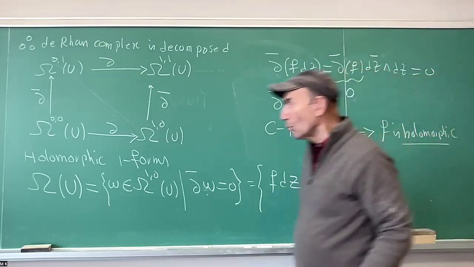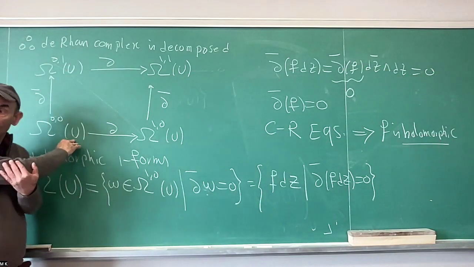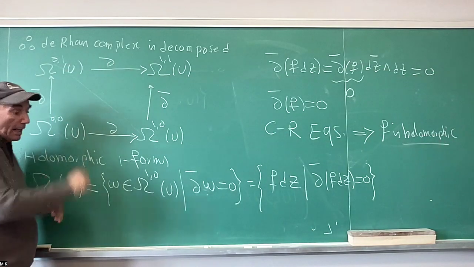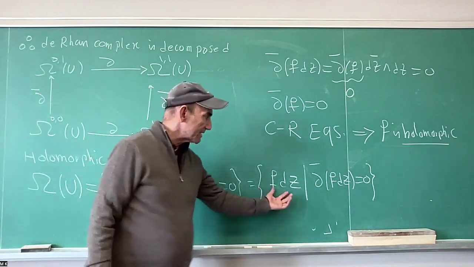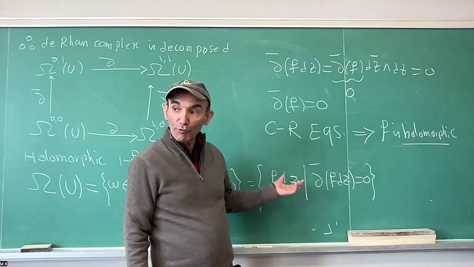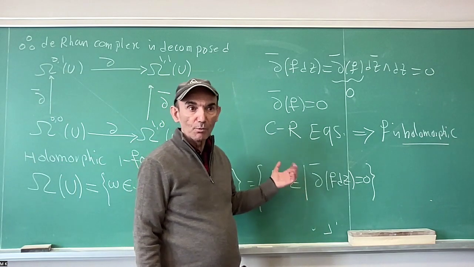Okay, so a holomorphic one-form on U, an open subset of C for now, is a one-form which is of the form f dz, but f has to be holomorphic.